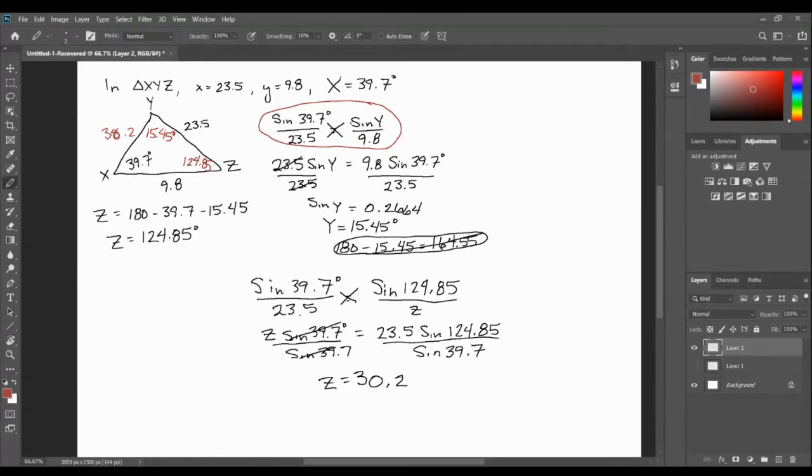I look at the supplement of the angle I got and see if it would work. If that plus the angle I had leaves enough room to have another angle and still sum to 180, then I consider this two options. If the supplement won't work, then I only consider the one. Do you have any questions on this one?